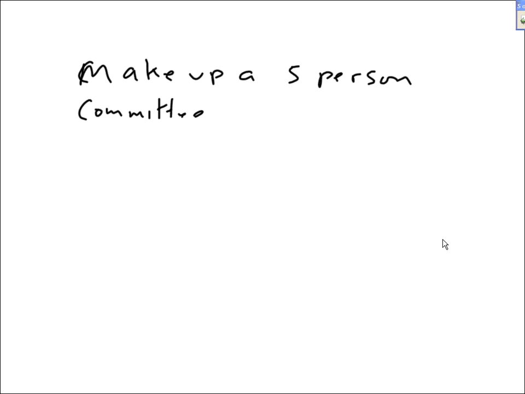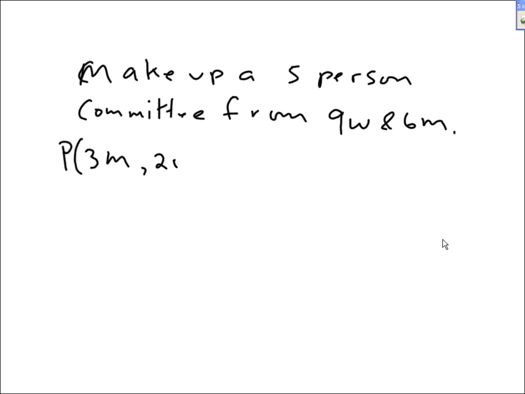You want to make up a 5-person committee from 9 women and 6 men. What is the probability that he picks 3 men and 2 women?